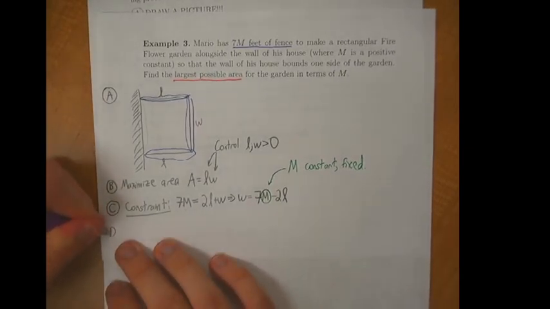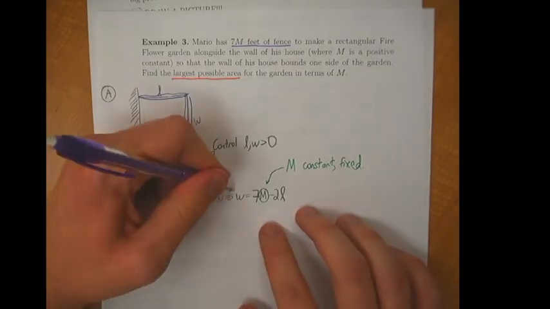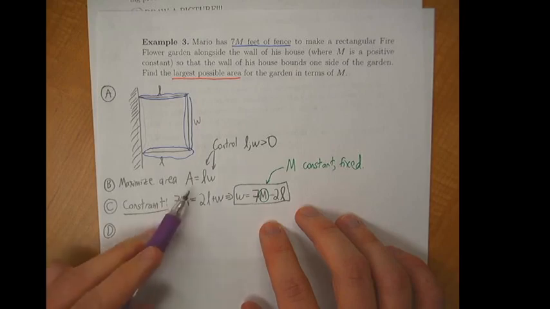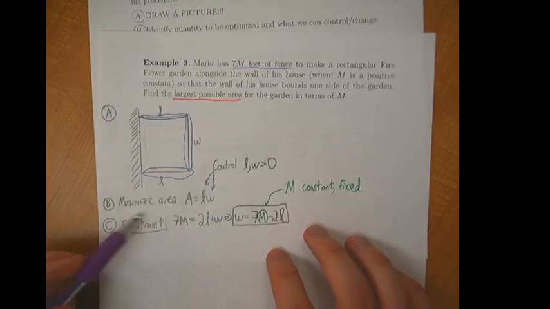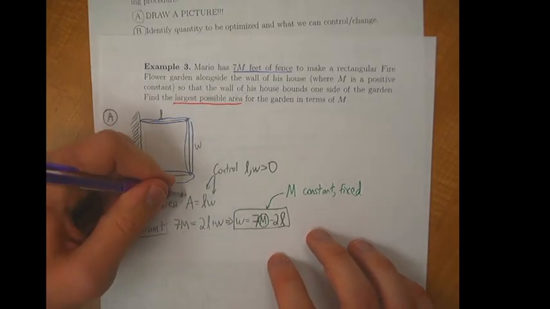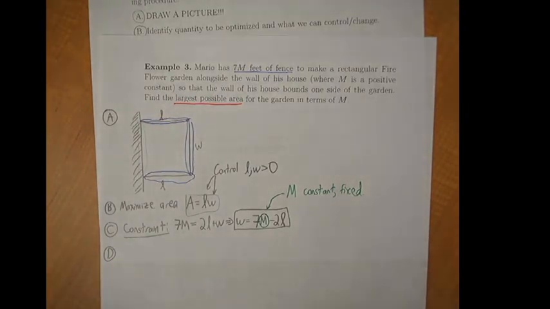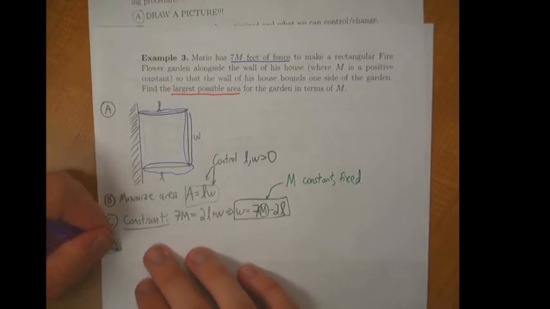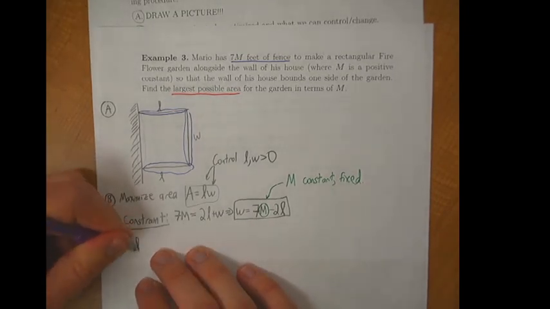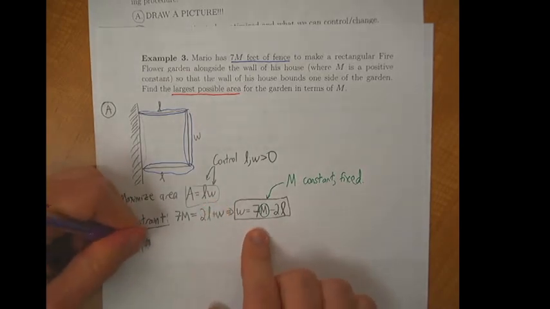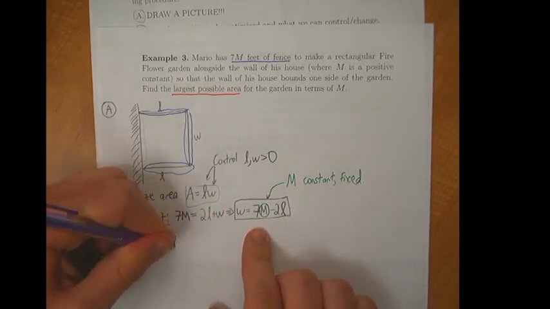So, now part D says, all right, let's take this constraint and plug it back into our thing from step 2 so we can get this objective function in terms of one variable. So what this tells us is that we have A is equal to length times width, which is just L times (7m minus 2L). Okay?